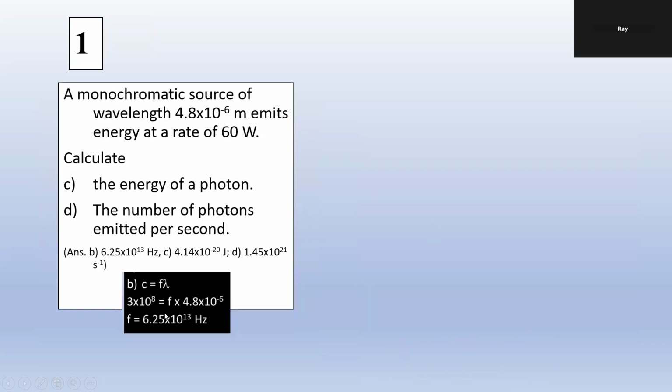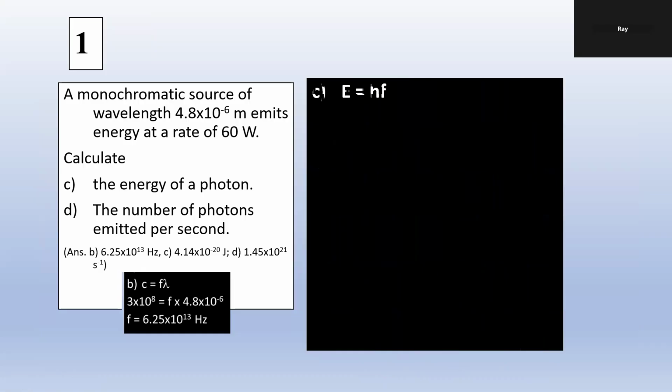Okay, that's what we calculated. Energy of photon, E equals hf. Frequency we have just calculated. Number of photons emitted per second: for that one you have to use 60 watt.